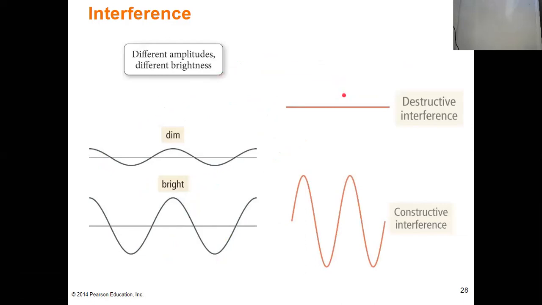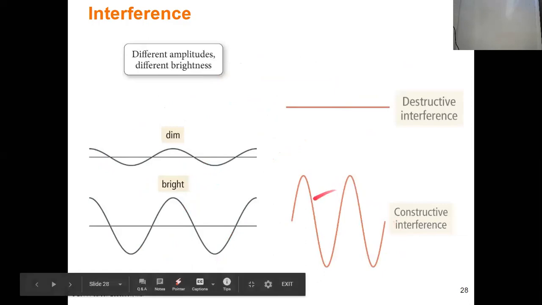Because destructive interference is going to cause smaller amplitudes or no amplitudes, right? Where you have constructive interference, now you have these really high amplitudes. Well, now you have brighter light, because our dimness or brightness is related to the amplitude of our waves.